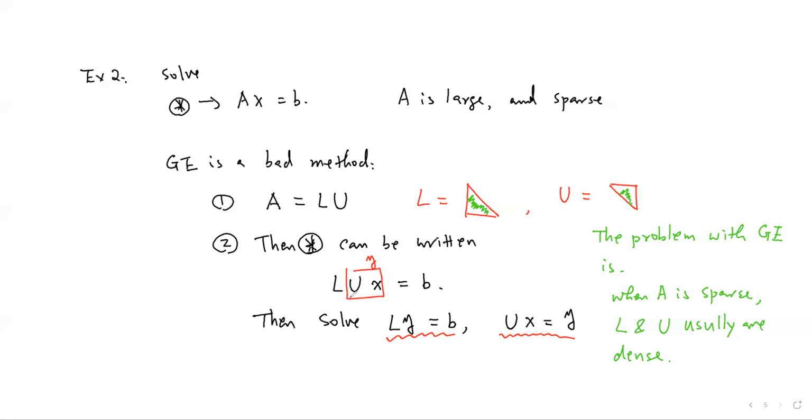Step 2, we need L and U. So after we compute the LU factorization, we need to keep matrix L and matrix U in order to perform step 2. But how much memory storage is needed to keep L and U? In total, N squared.